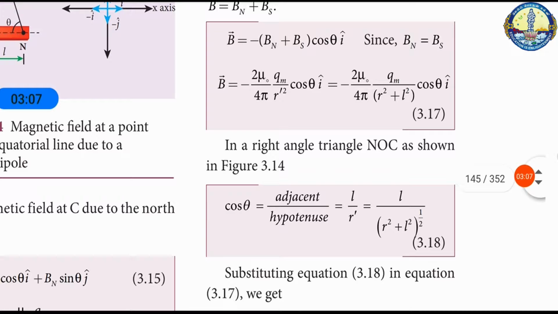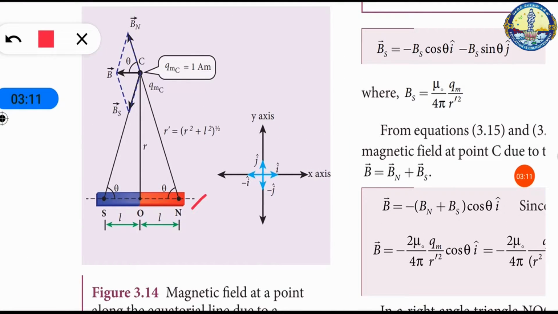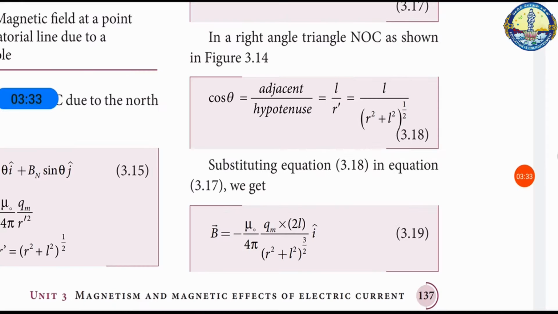In the right angle triangle NOC, see in this diagram, to find the angle theta, cos theta is equal to adjacent by hypotenuse. The hypotenuse is r dash and the adjacent is L. So cos theta is equal to L divided by r dash.